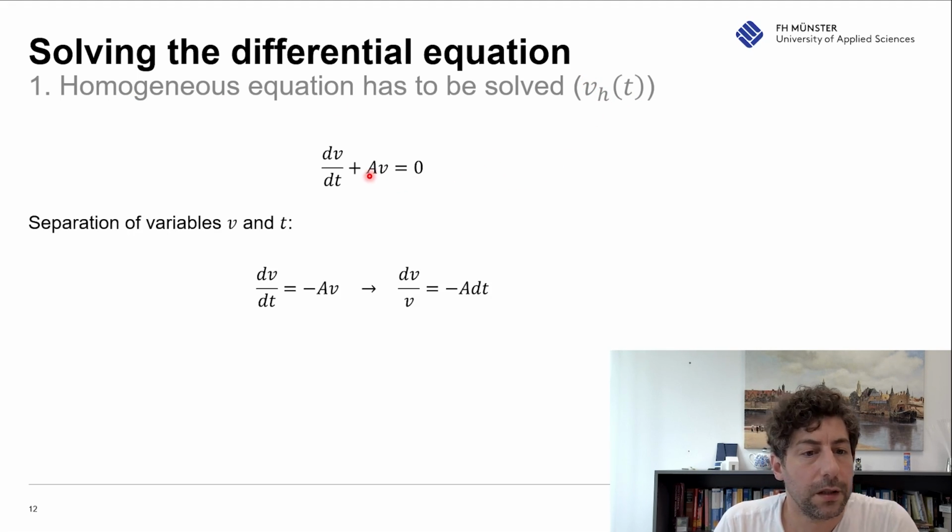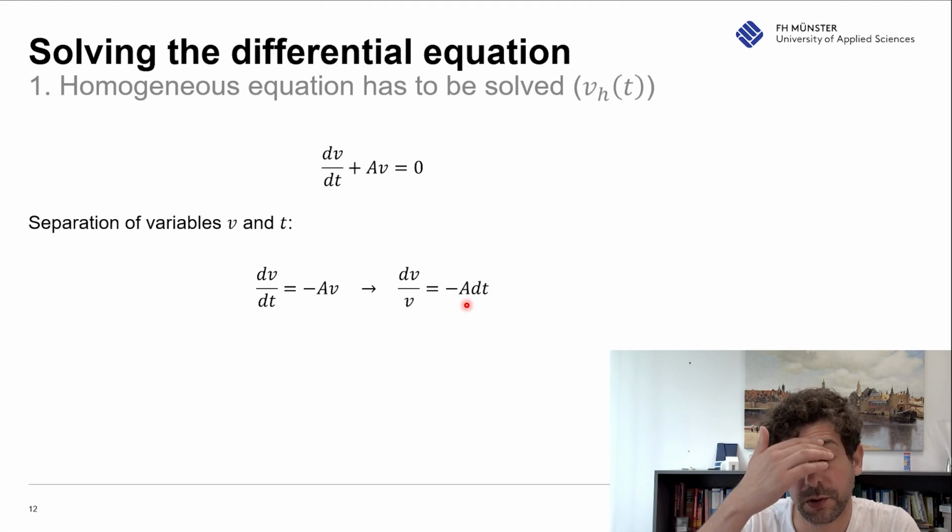So the first thing to do, now it's quite straightforward, is separation of variables v and t, right? We have the variable v, we have the variable t, so we separate them, so minus av, and then we get this expression, and then we divide by v, we multiply by dt, and then we get this one, so dv divided by v. So now the v variable is here, the t variable is here.